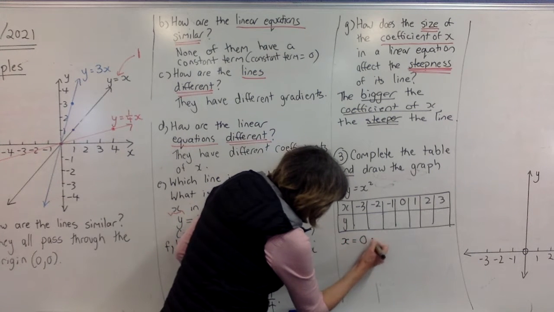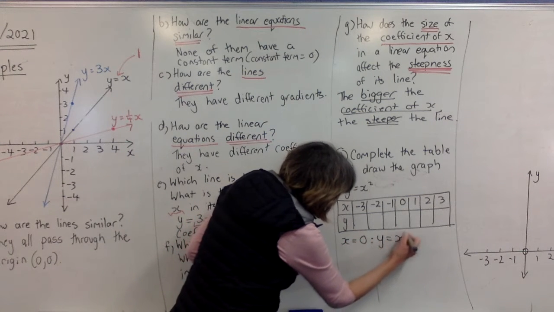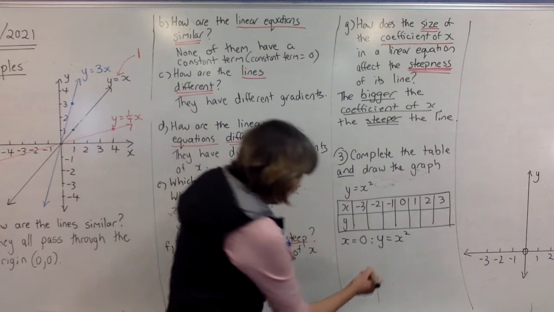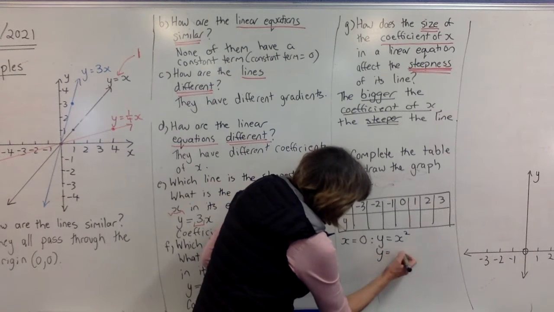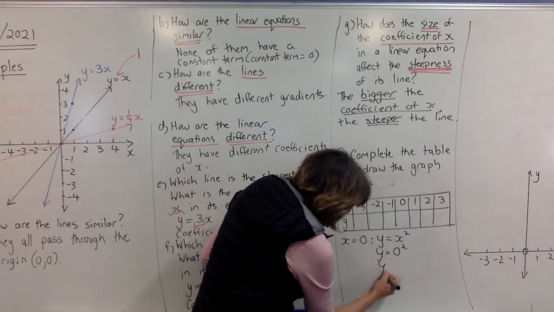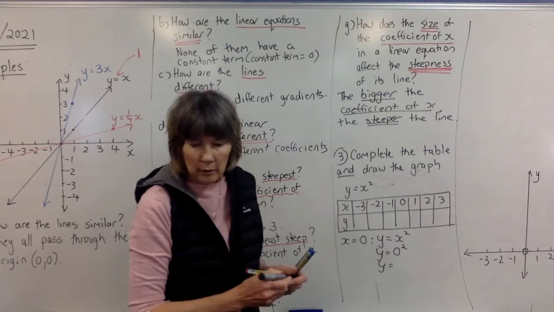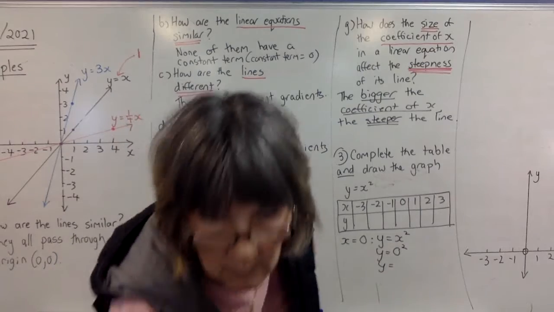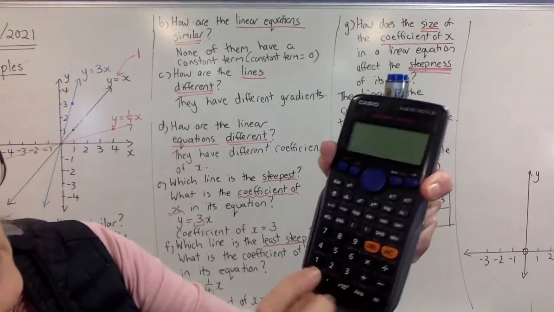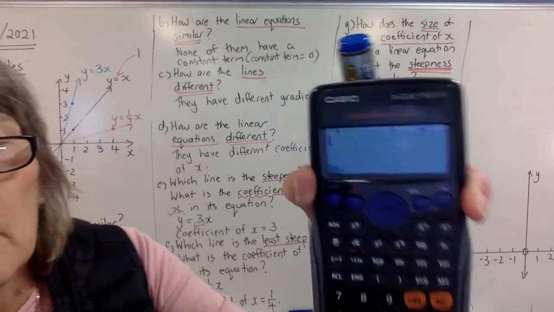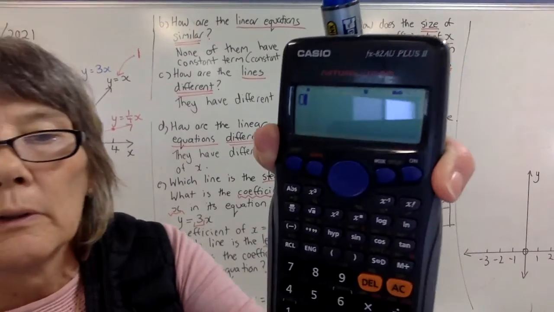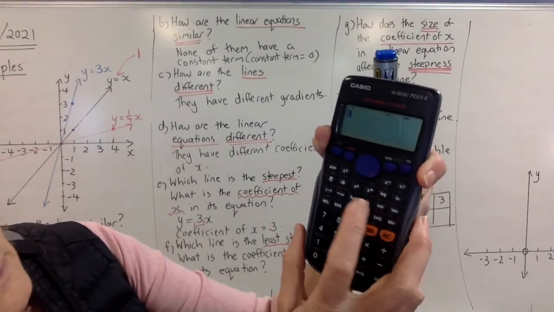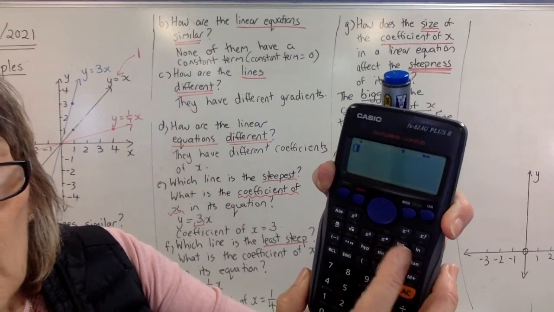Take x equals 0. We're going to put it into y equals x squared. So if I put the 0 in for x, and work 0 squared out on your calculator, just remember where the squared key is. Okay, so we're going to press, whoops, turn it on. All right, press the 0, and now the squared button is up the top here, remember?